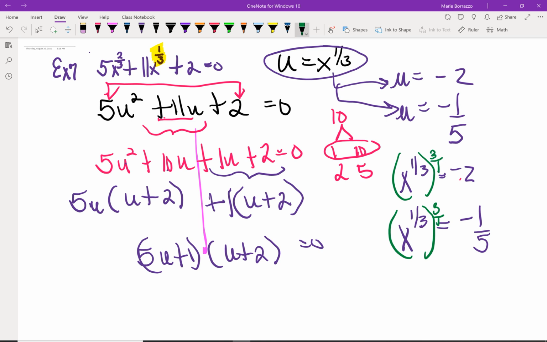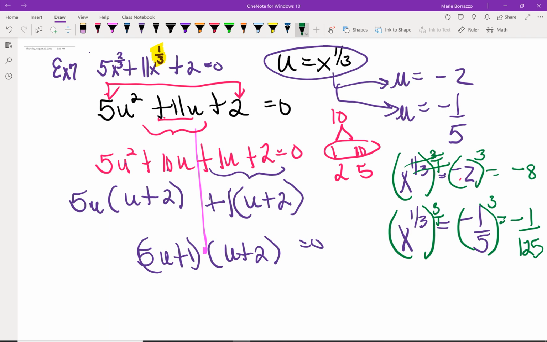Same thing over here. Now remember, these are multiplied, so this gives you 3/3, which is really x to the 1. And what you do to the left, you do to the right, so I have to raise this as well to the 3/1 power, or just the 3rd power. And my two solutions are -8 and -1/125. And you don't have to go back and check these, you're okay with these.